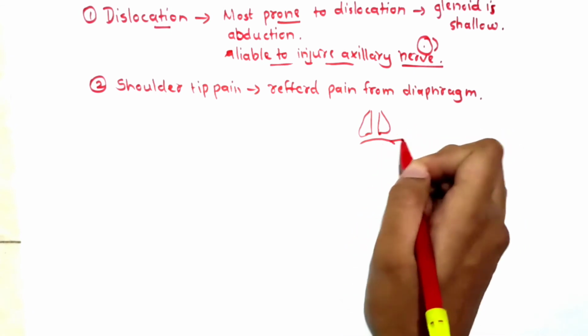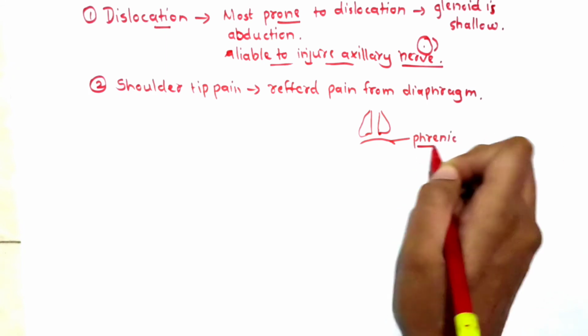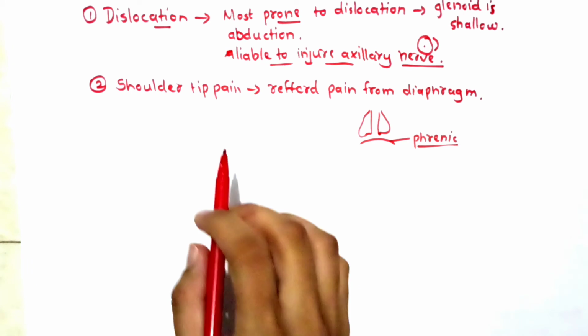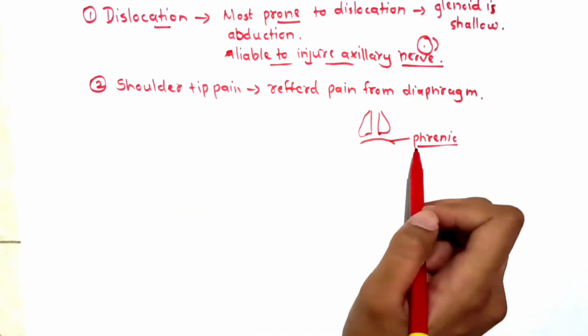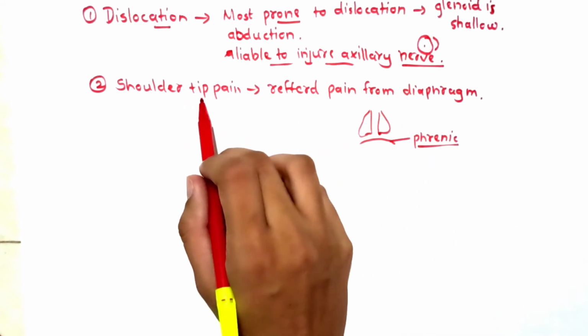The phrenic nerve, which supplies the diaphragm, has common nerve roots with the nerves which supply the shoulder joint. That's why whenever you have any irritation in the phrenic nerve, you will have referred pain in the shoulder tip.